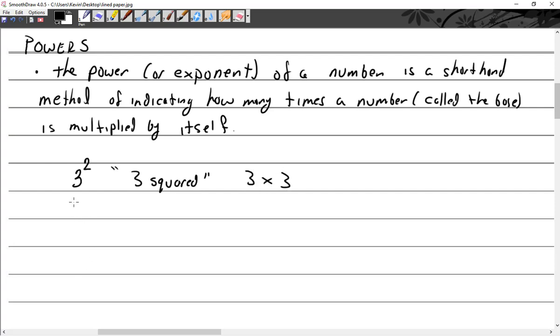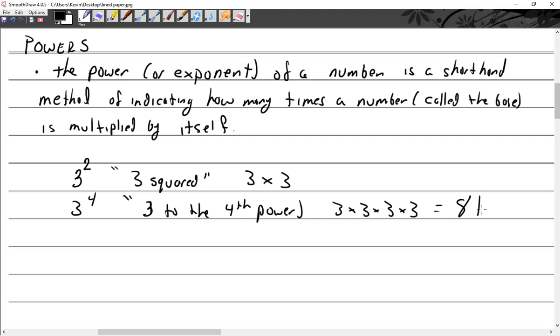Or if we said 3 to the 4, we'd call that 3 to the power of 4, or 3 to the 4th power, which is the same thing as saying 3 times 3 times 3 times 3, which is what? 81, thank you.